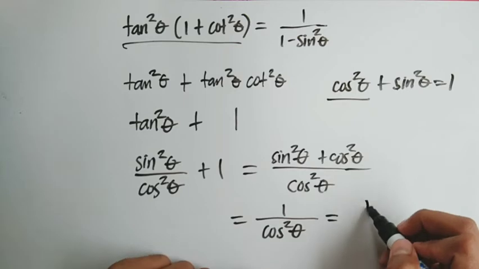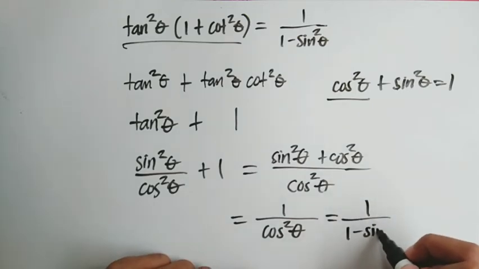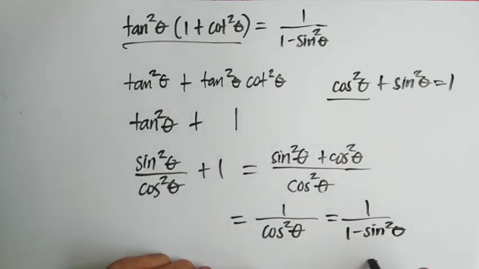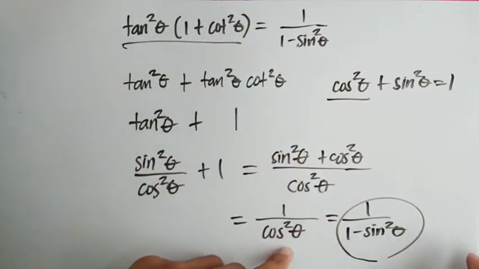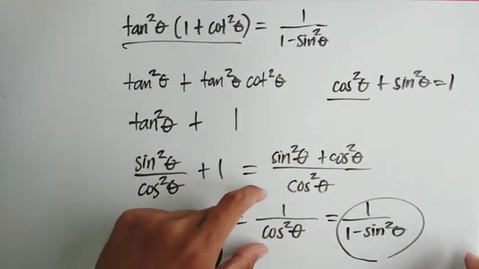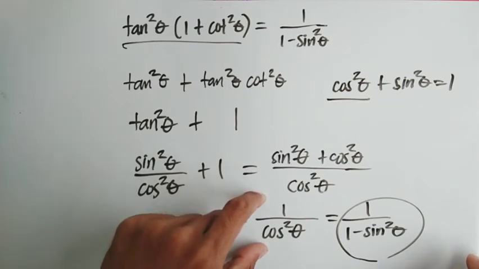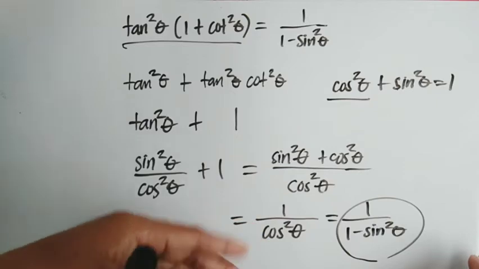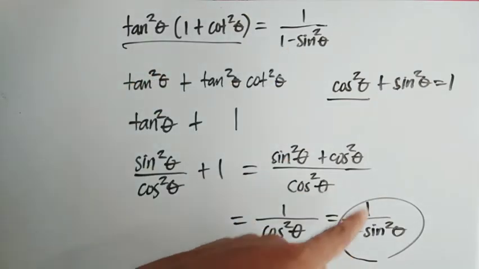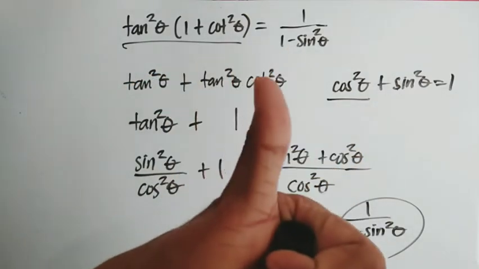So pwede natin siyang palitan ng 1 minus sine squared theta. So naka-arrive tayo ng parehas, verified. So bakit hindi natin to ginawang, di ba ito reciprocal ng secant theta? Pag ni-reciprocal natin siyang naging secant squared theta, hindi na siya same. So yun yung ginamit ko na Pythagorean identity.